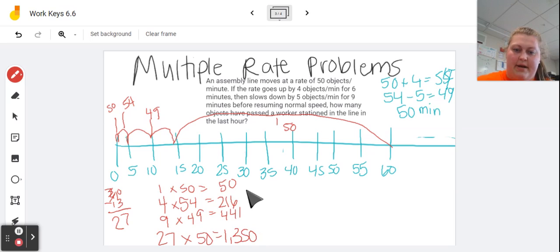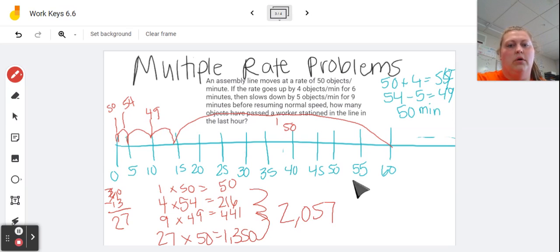So now I'm going to add all of these together to figure out how many objects I made in an hour. So I have to add them up. I get 2,057. So in an hour, the assembly line produced 2,057 objects.